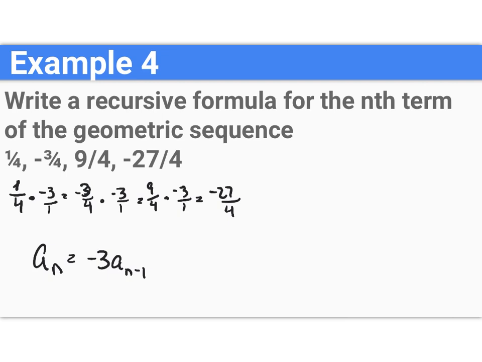You need the preceding term. Let me make a statement about this. With the explicit formula, all you need is the number of the term in the sequence, so you need the 34th term or the 72nd term. When you're dealing with the recursive formula, you need the preceding term. So be careful about that. If you're looking for the 7th term, you would need -3 times a sub 6, the 6th term. That is one major difference between the explicit and recursive formula.